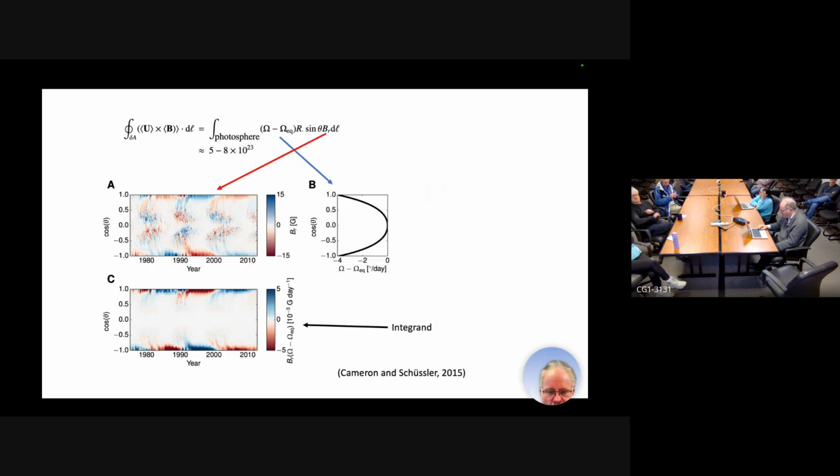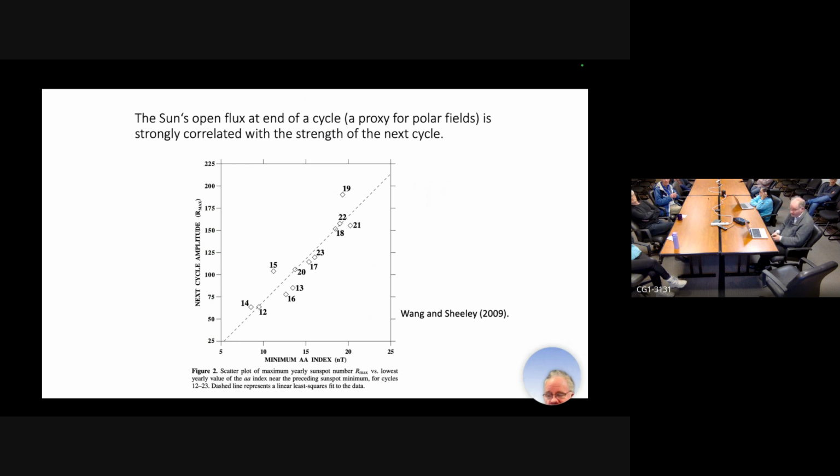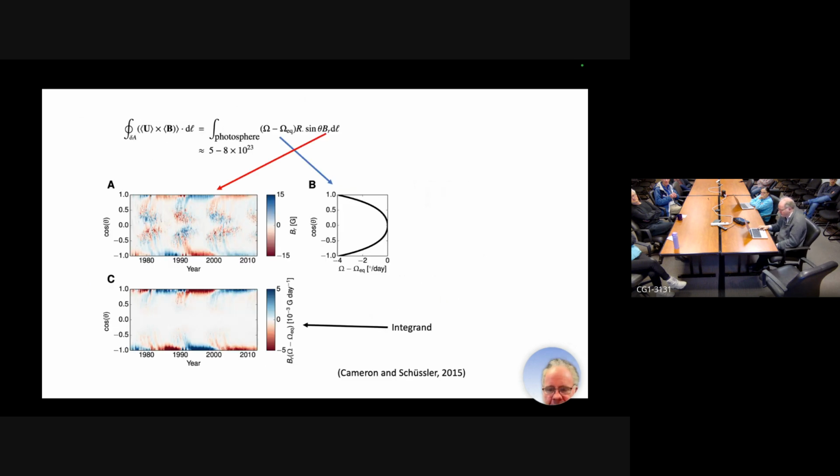And this is why we have this strong relationship between the minimum AA index of a cycle and the amplitude of the next cycle. The minimum AA index is taken near the time of minimum and is a measure of the open flux of the sun, which at times of minima is a measurement of the strength of the polar fields.